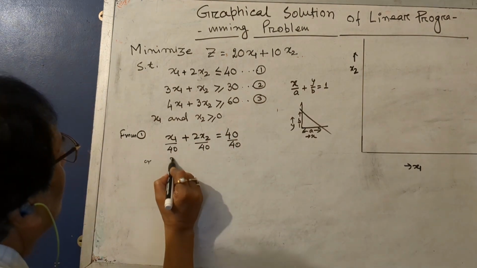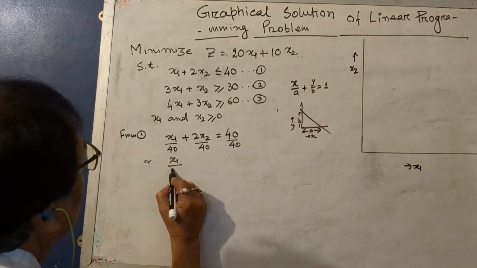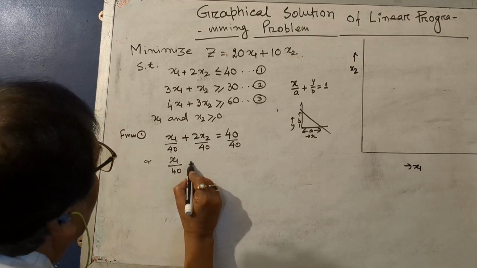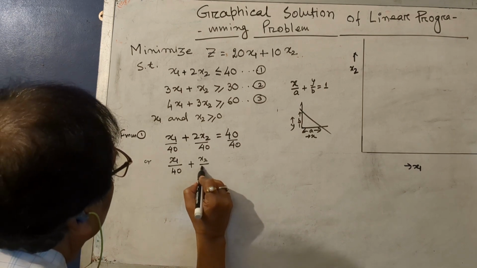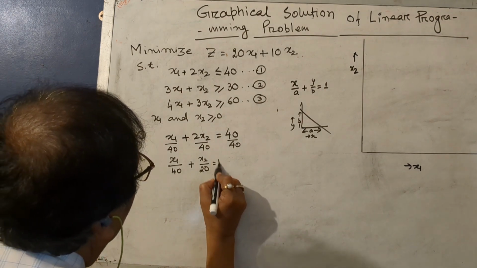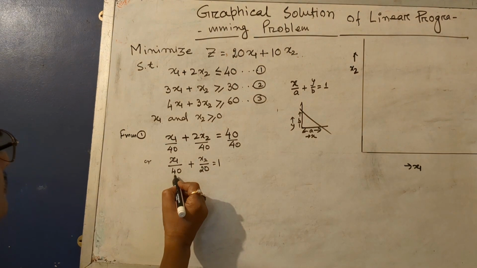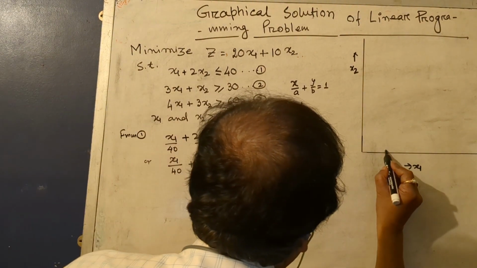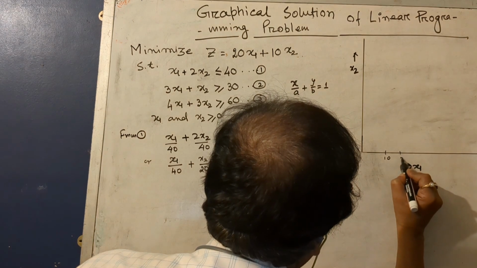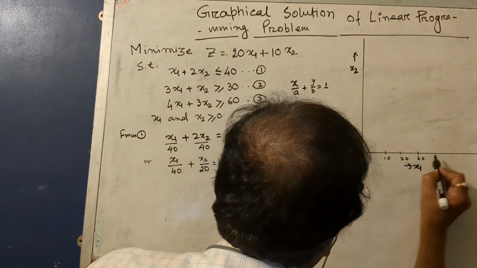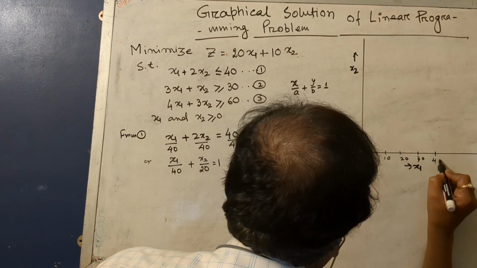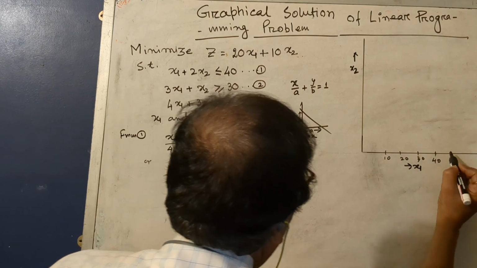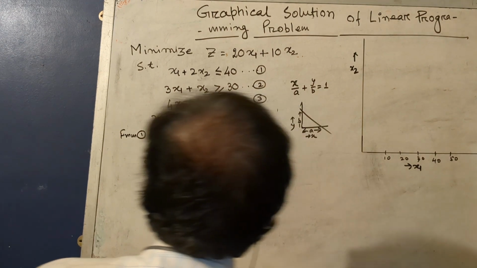Then what will be the equation? x1 by 40 plus x2 by 20 is equal to 1. That means 40 units will be cut from x1. Say this is 10, 20, 30 and 40, roughly in this way, 40, 50 like that.